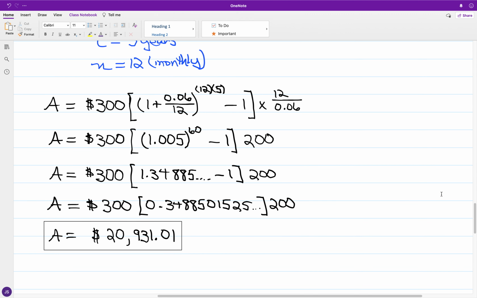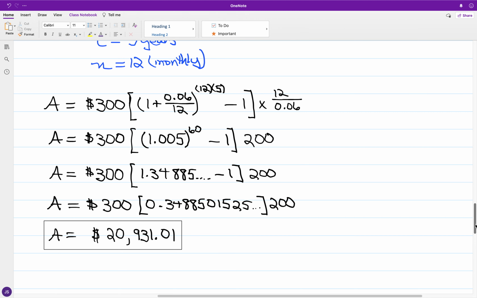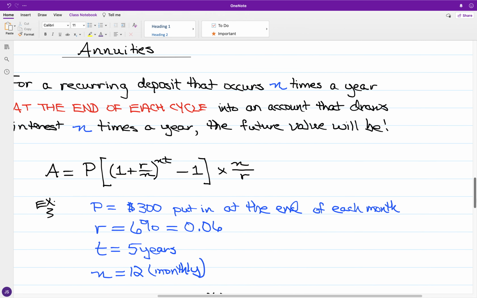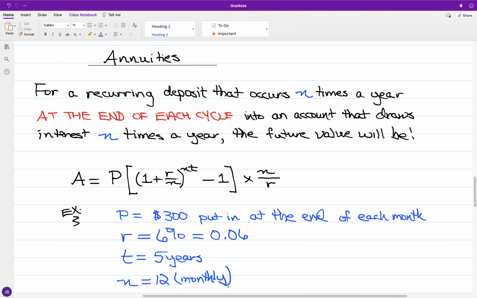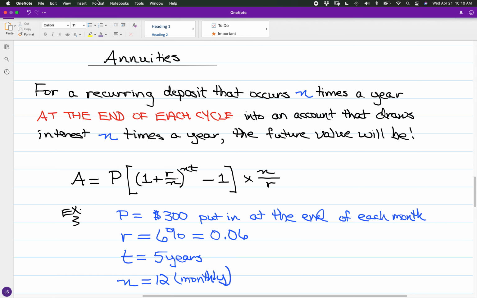All right, now this is for what we have at the end of each cycle. But let's say, hypothetically speaking, you have an opportunity to do the most proactive investing imaginable.